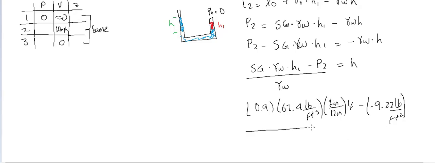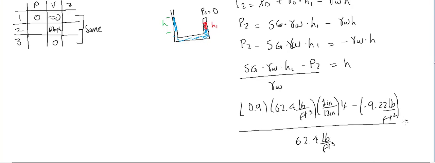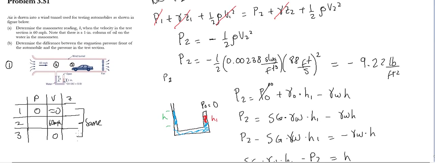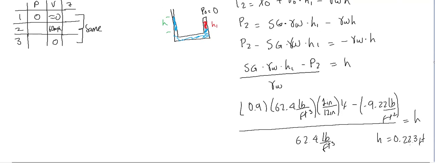And we divide all of this by 62.4 pounds per feet cubed. And that tells us that the elevation that we get in this particular case is going to give us 0.223 feet. So that's the elevation of this column that we have in this part over here. So once again, the value of that is 0.223.